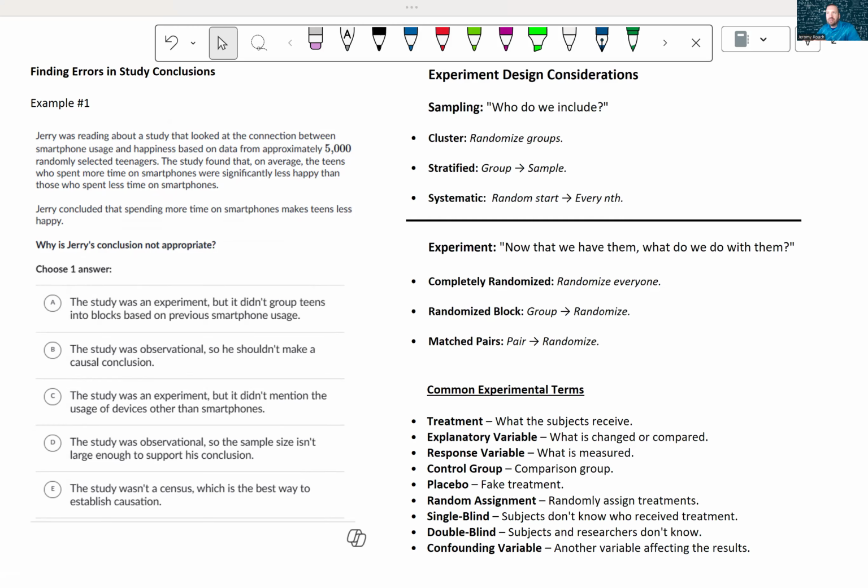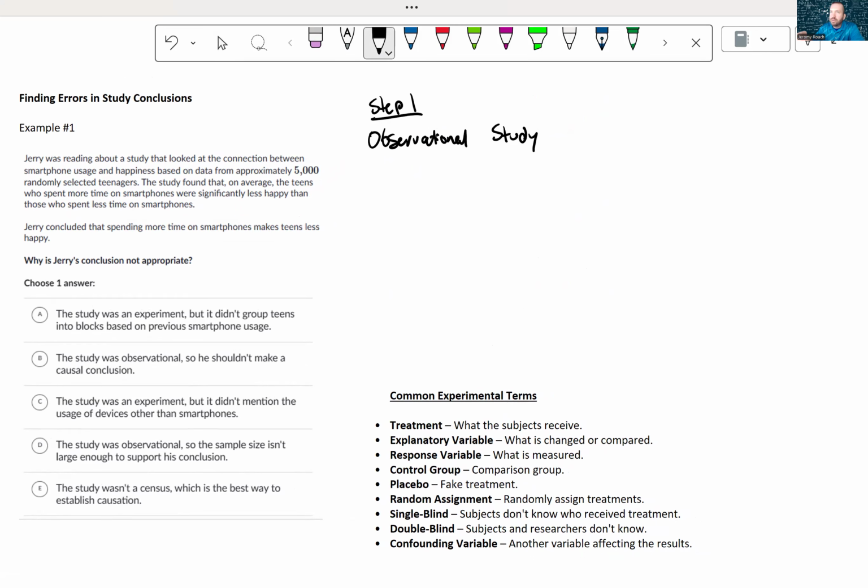So this is an observational study. I think we might not need the experiment design for this one, so I'm just going to delete that. I'm just going to write observational study for step one. We're just going to determine the type of study.